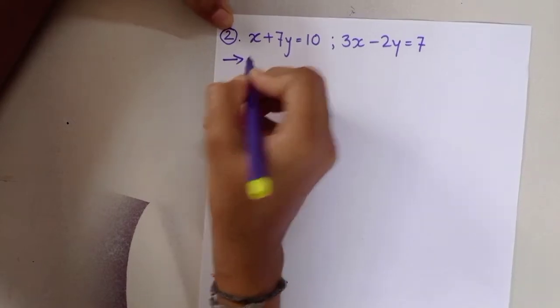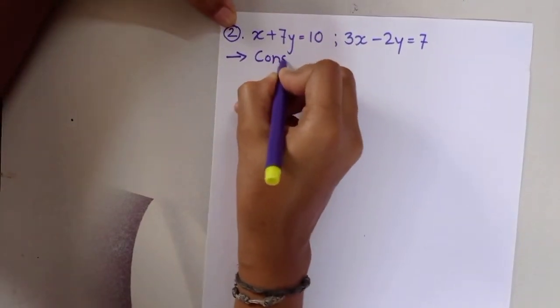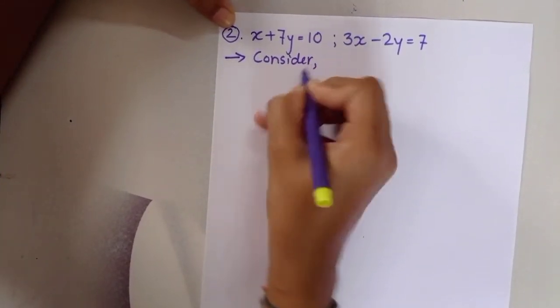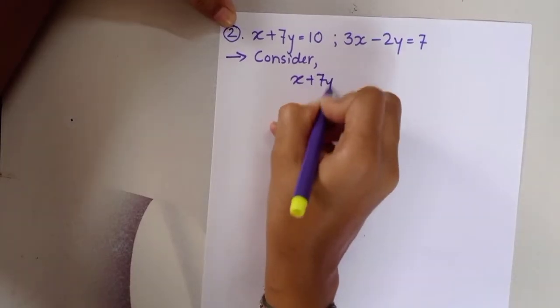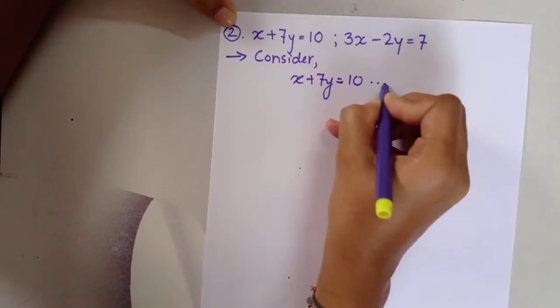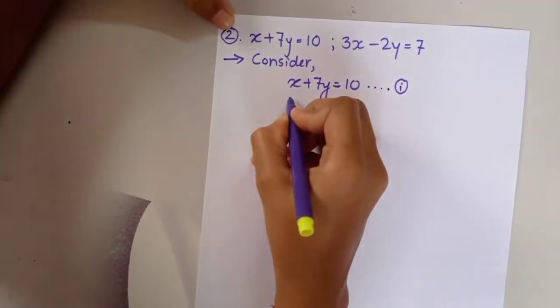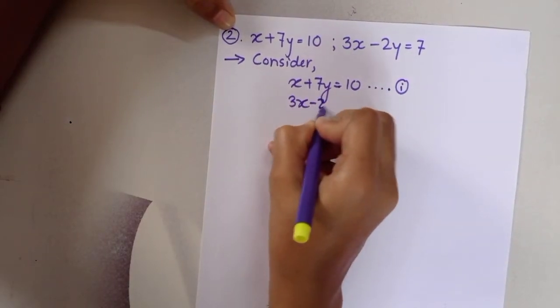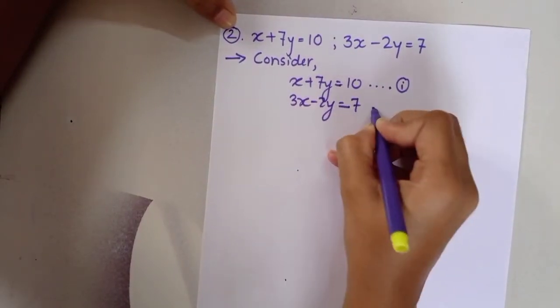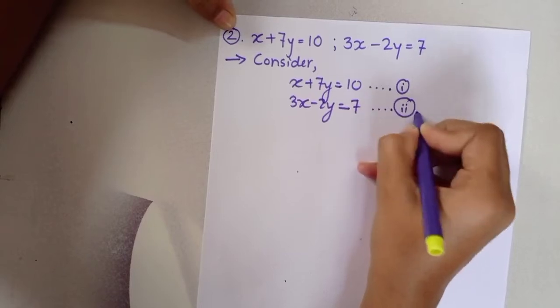Therefore, first of all we have to write: consider x plus 7y is equal to 10 as the first equation and 3x minus 2y is equal to 7 as the second equation.